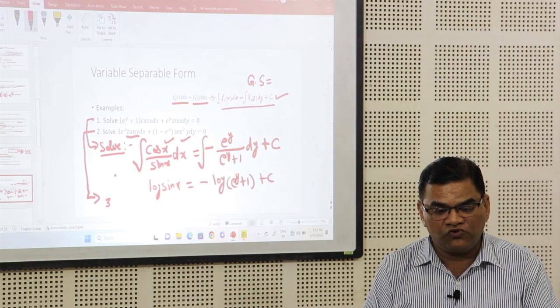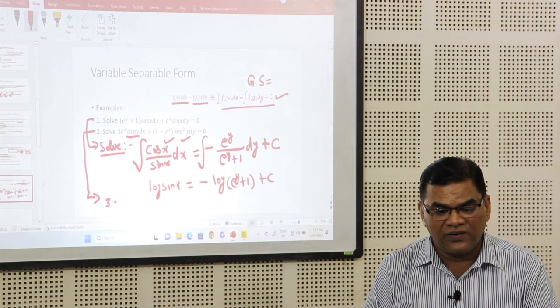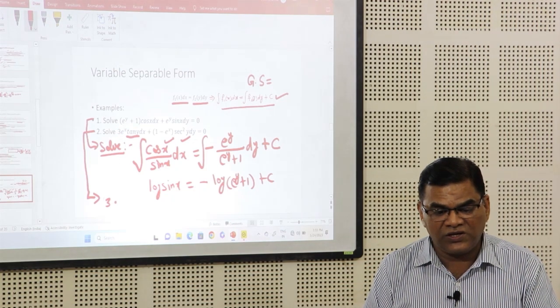On dividing by these two required terms, we get the resultant equation as 3 times e^x divided by (1 minus e^x) into dx is equal to minus sec square y dy divided by tan y.